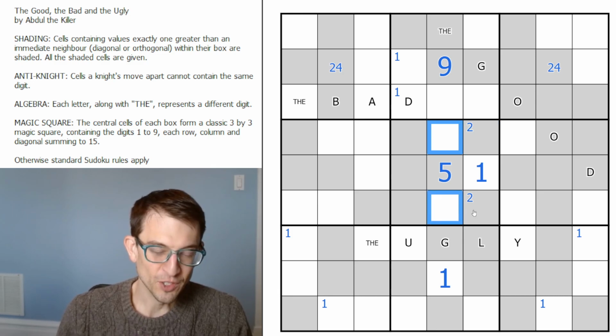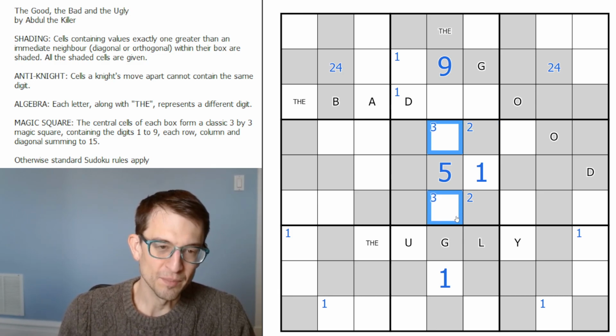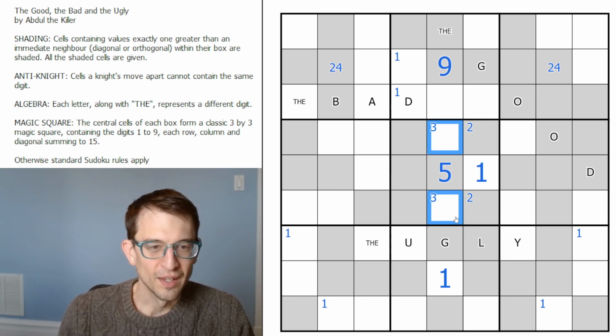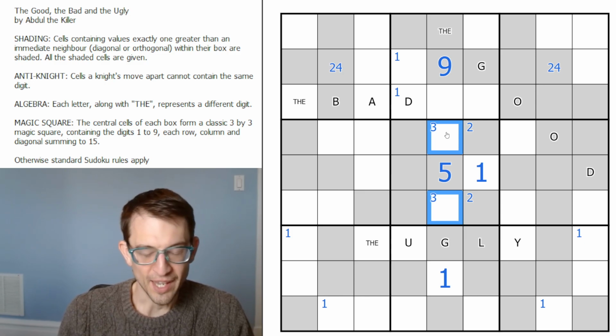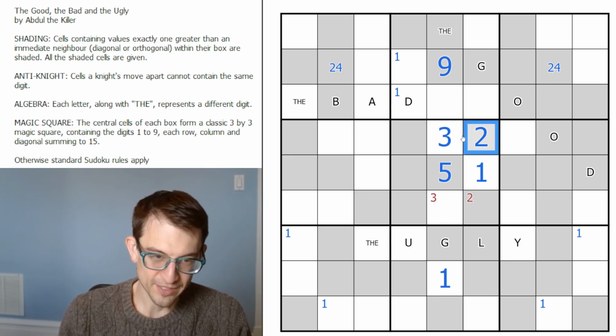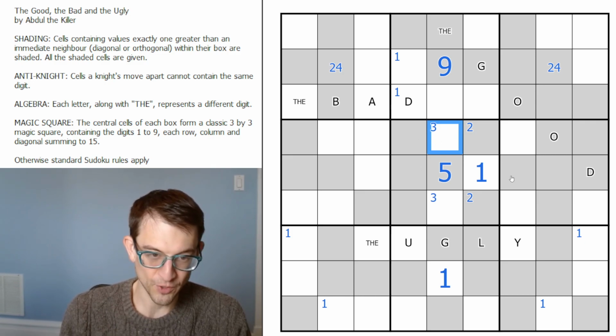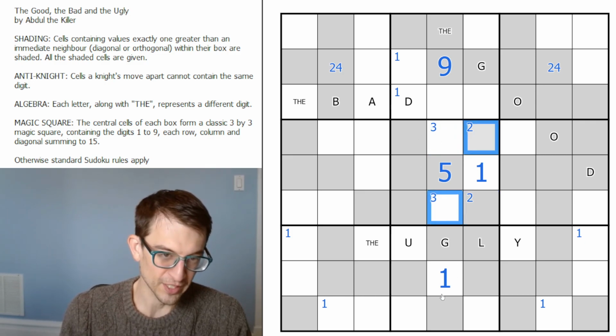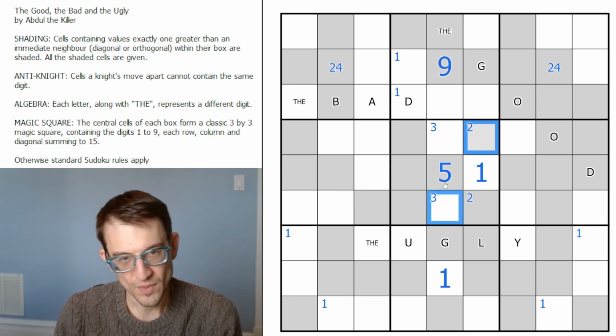So 3 is going to have to go into one of these middle column. And importantly, I can't do something like 3, 2 because then the 3 will be unshaded next to the 2. So if the top one is the 3, then the bottom has to be the 2 and vice versa. So we're going to end up with a cool little interesting pattern like this.